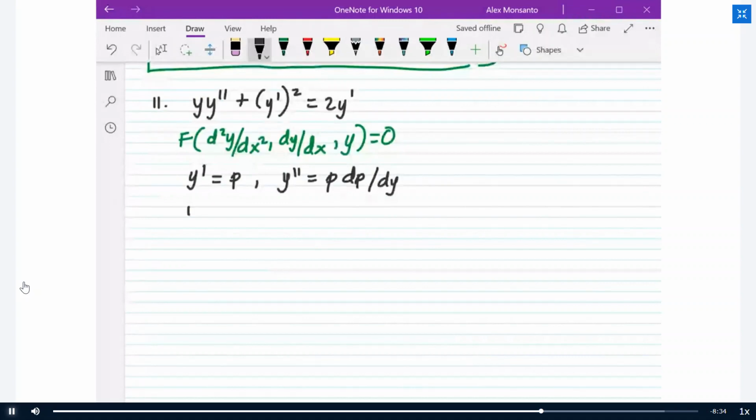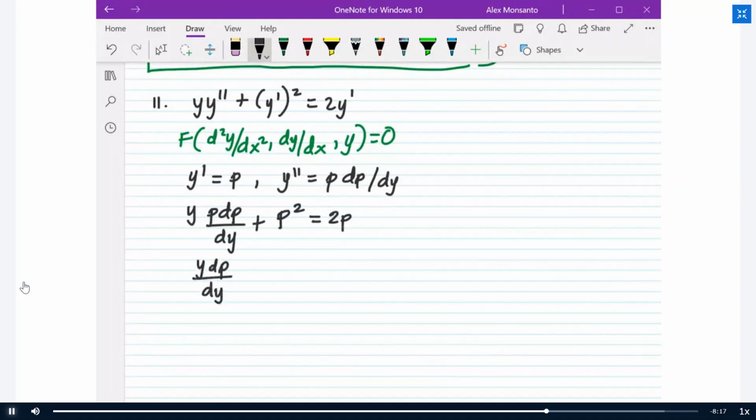So y, tapos PdP over dy, tapos yung y prime magiging p squared is equal to 2p. Ngayon, divide both sides by p, so you can have y dp over dy plus p is equal to 2.